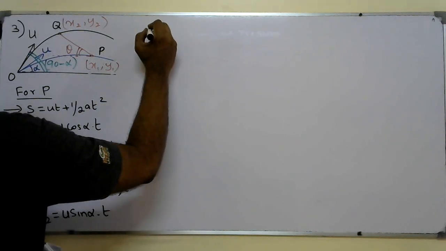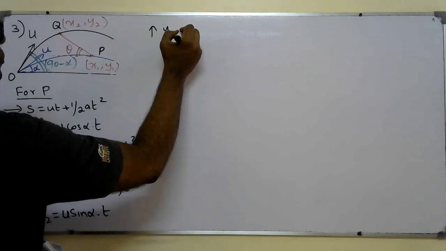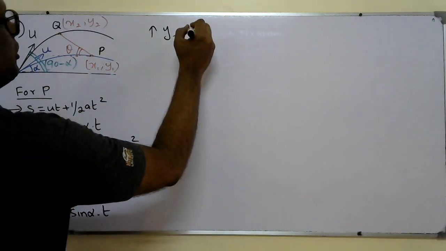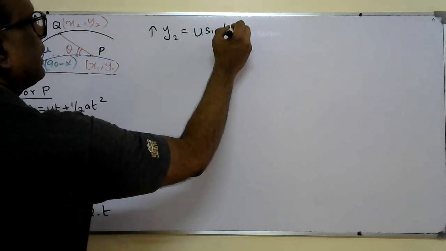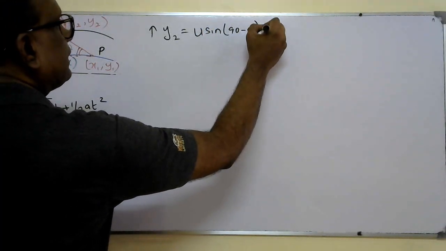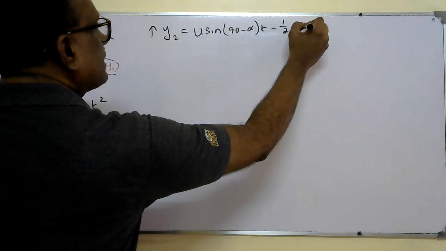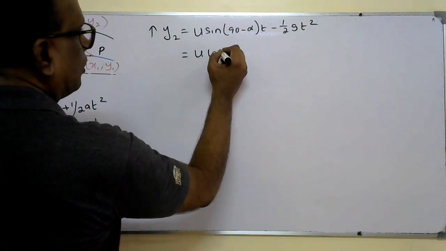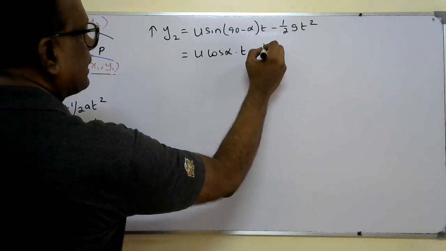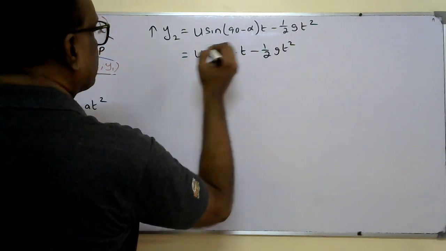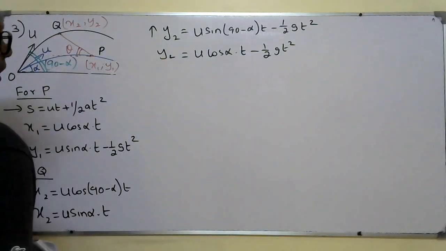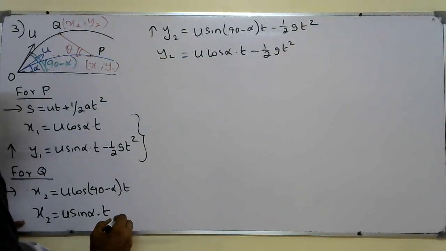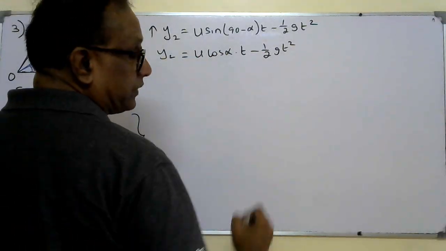Same way, vertically, displacement y2 equals, using the same equation, u sine 90 minus alpha t minus half gt squared. So it's going to be u cos alpha times t minus half gt squared. So that is y2. So we have x1, y1, and the same way x2, y2.